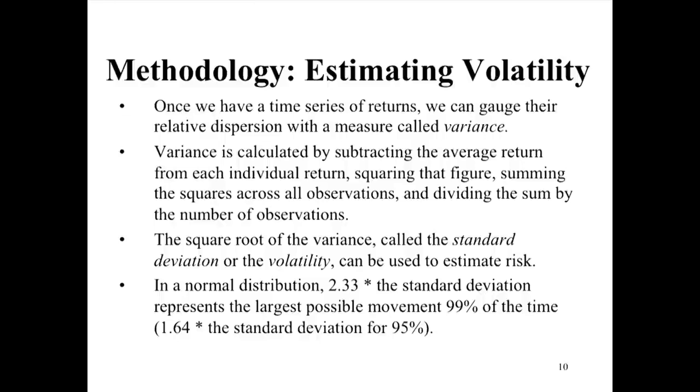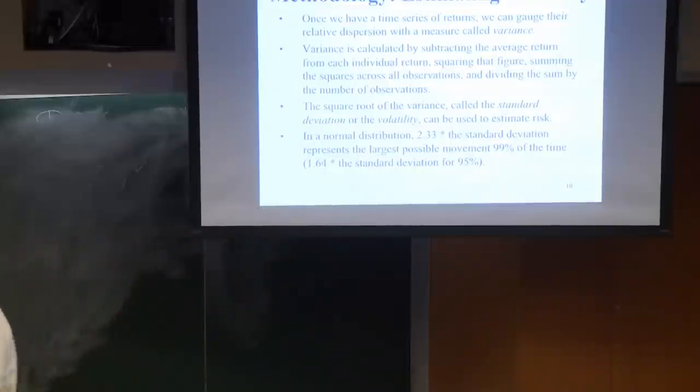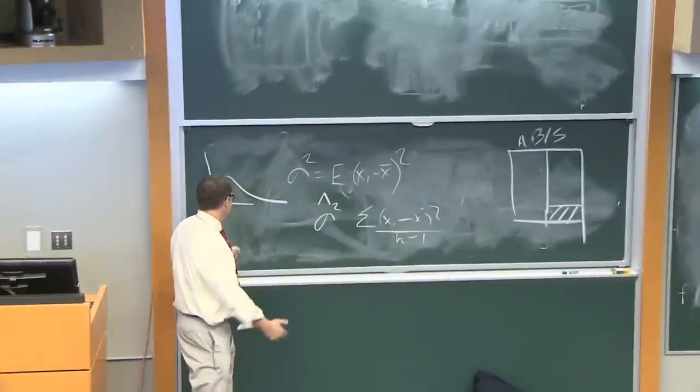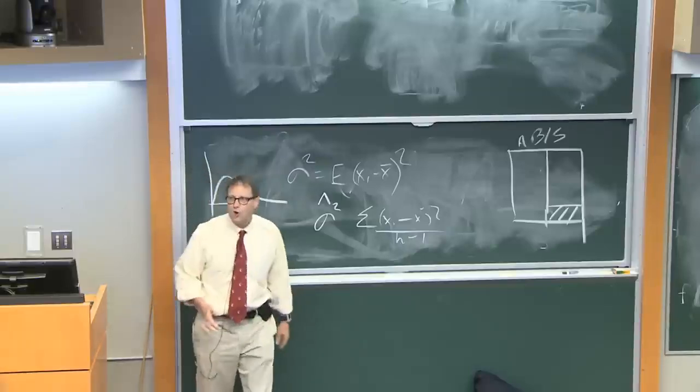called variance. I take the square root of the variance, which is the standard deviation, or the volatility. When I'm doing it with a data set, I usually refer to it as the standard deviation. When I'm referring to the standard deviation of the distribution, I usually call it the standard error.